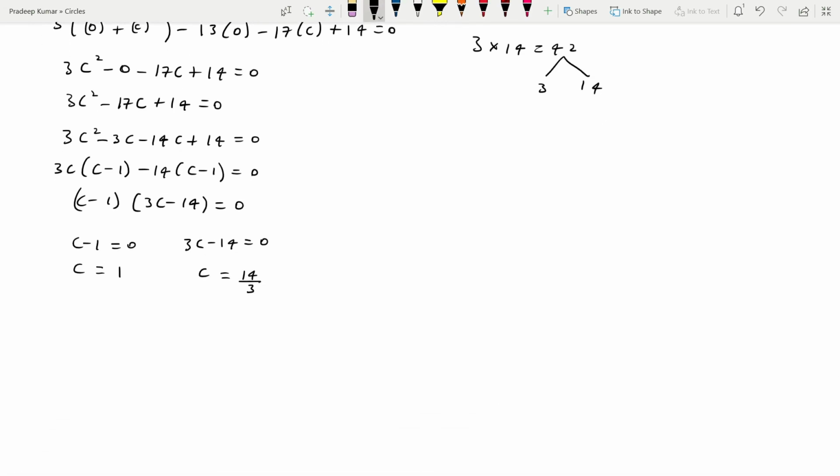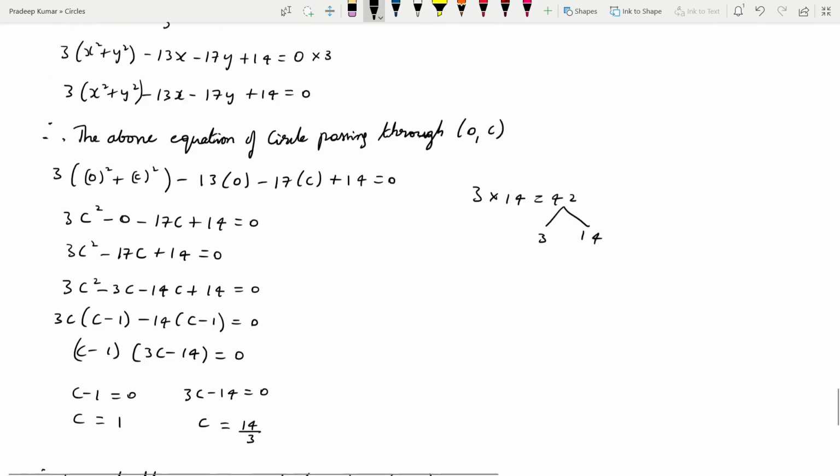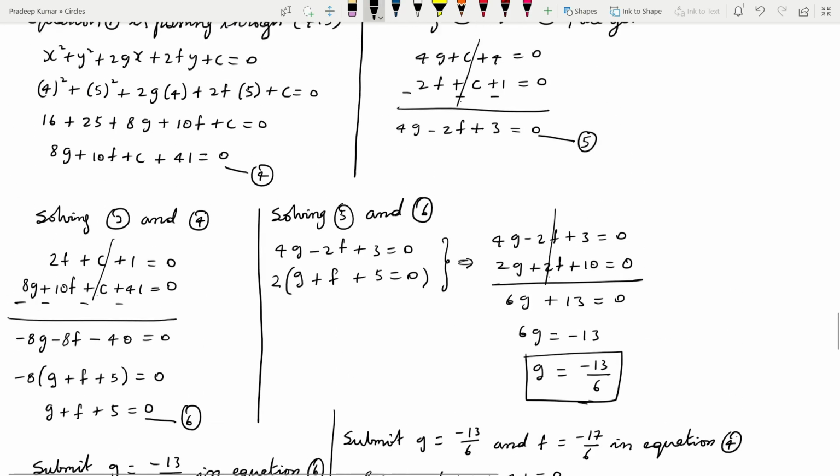So for that I can write, therefore, we get the same point. I'm writing it as the same point, the reason you'll understand now. 0 comma c is the given point, whereas the c value we got is 1, so we can write that as 0 comma 1. I wrote it as the same point because 0 comma 1 was already given in the question.